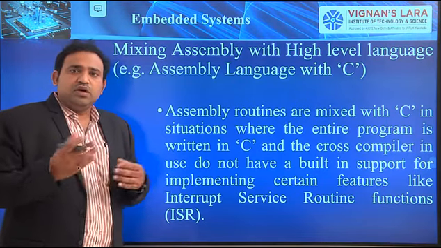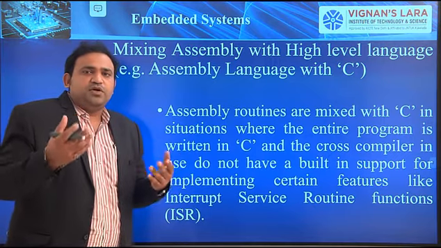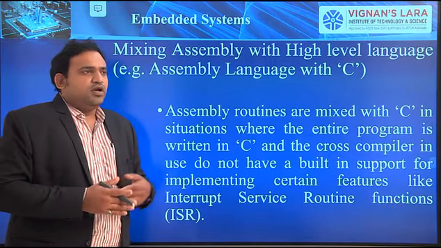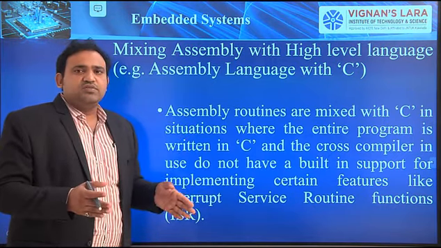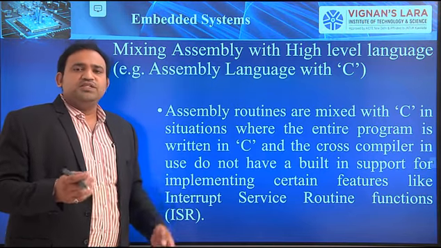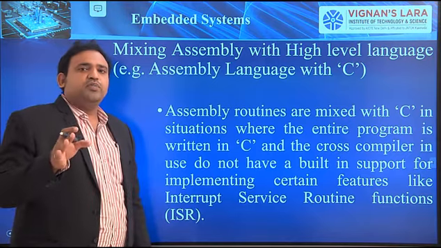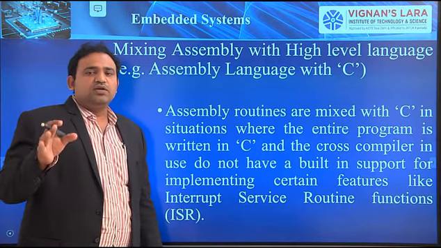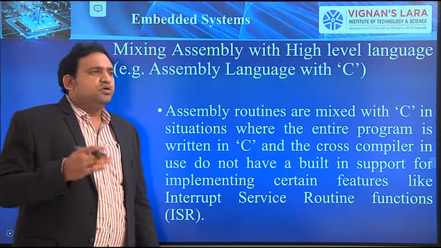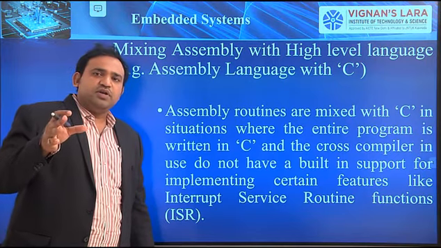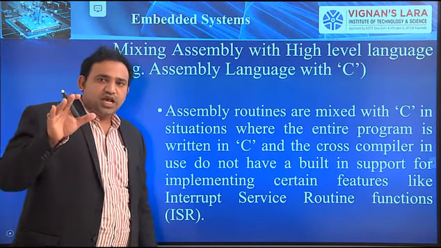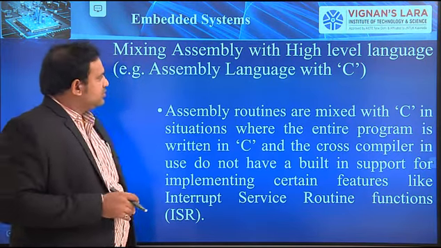For some operations, in order to write some 10 lines of assembly level language code, we can simply write a 4-line high level language code. So depending upon the operation and the controlling technique, we will choose where the assembly level language is required and where the high level language is required.